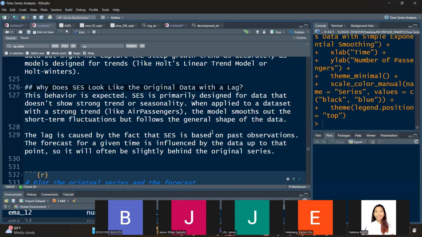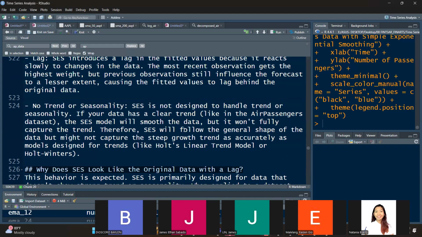However, there's a weakness of SES when you're modeling a time series with very strong seasonality and strong trend. Then SES will tend to smooth out your original data.